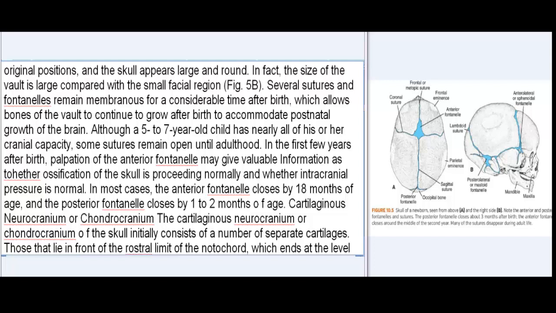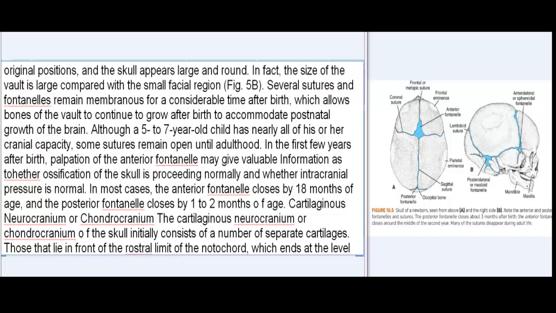In the first few years after birth, palpation of the anterior fontanelle may give valuable information as to whether ossification of the skull is proceeding normally and whether intracranial pressure is normal. In most cases, the anterior fontanelle closes by 18 months of age, and the posterior fontanelle closes by 1 to 2 months of age.